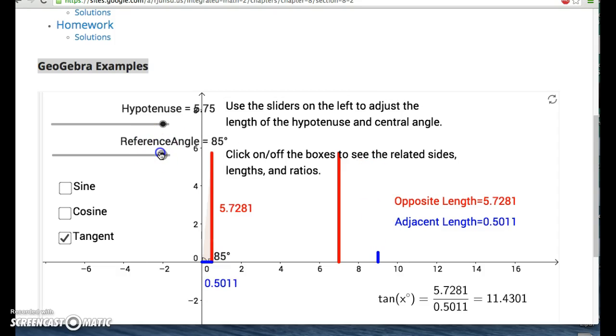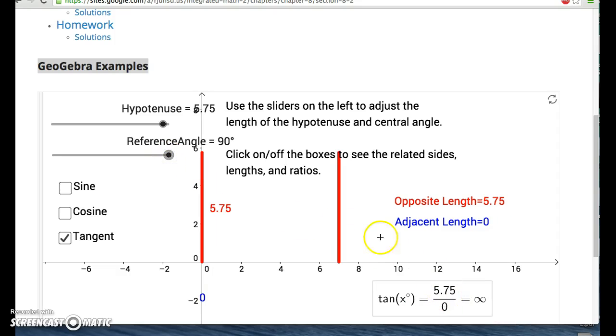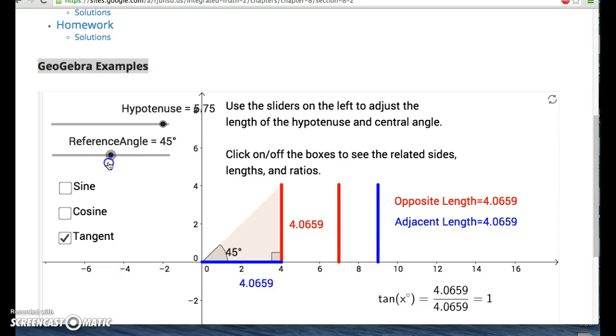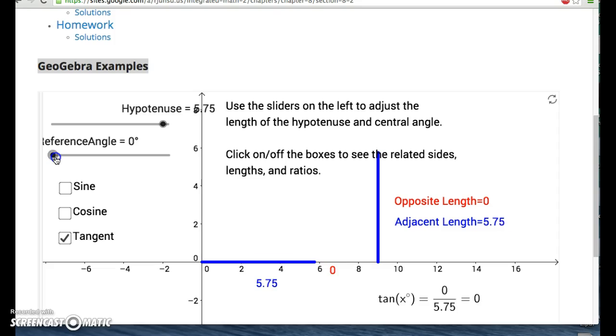And then if you go to 85, it's 11, so this one is 1,100%. And then if you go to 90, the red one is there, but there is no blue line. There's no adjacent because there's basically one line straight up. And then if you go the opposite way, we go all the way to 0.